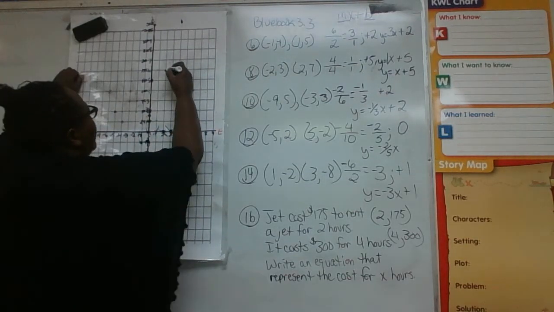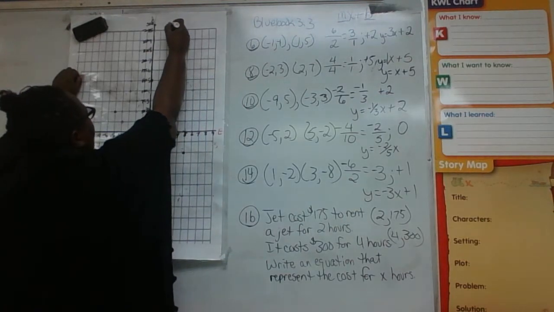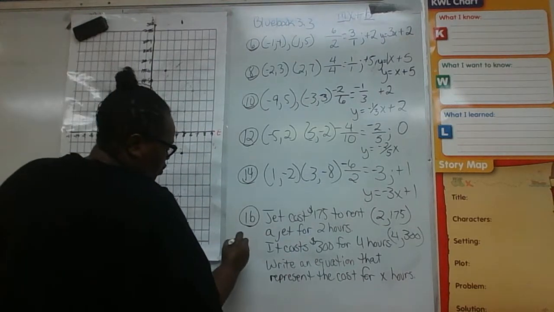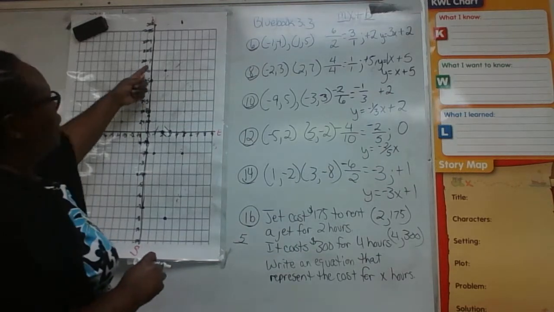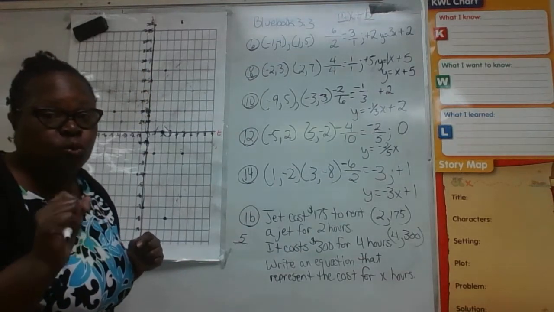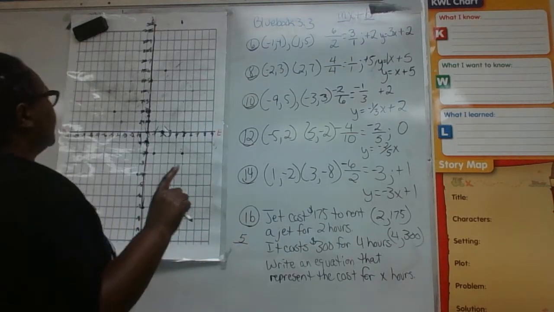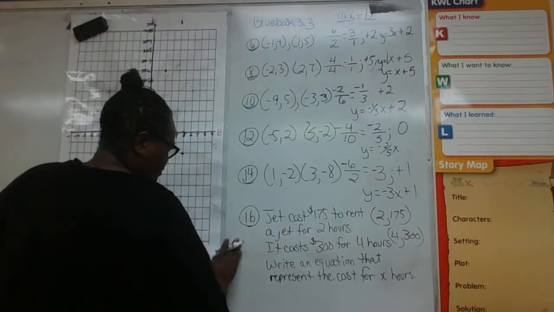We're going to rise 1, 2, 3, 4, 5. Now when we rise 5, keeping in mind every time we went up, that was actually 25. So then 5 times 25.